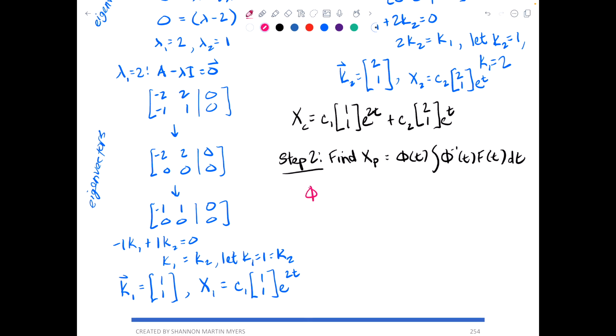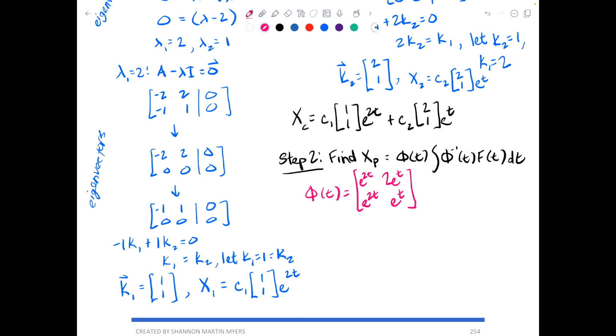So phi at t is equal to, if you just let c1 equal c2 equal to 1 and bring those exponentials in and make one happy matrix, we'll have e to the 2t, e to the 2t in the first column. Second column, we're going to have 2 e to the t and e to the t.